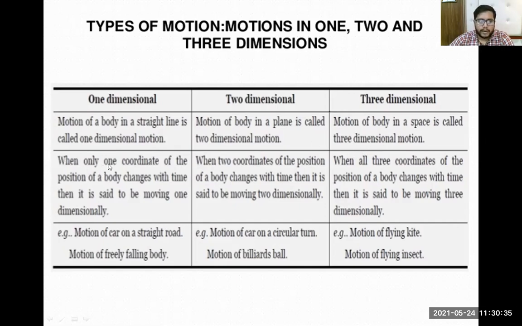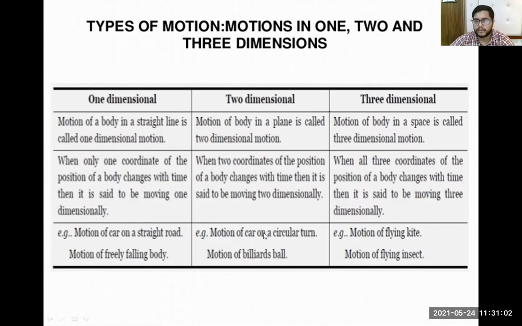When only one coordinate of the position of the body changes with time, it is one-dimensional motion. Examples: a moving car on a straight road, a body in free fall. When two coordinates of the position of a body change with time, it is called two-dimensional motion, like motion of a car on a circular turn or motion of a billiard ball.